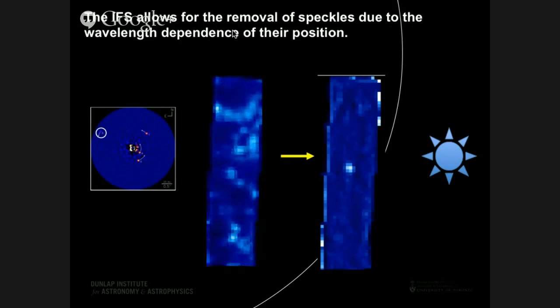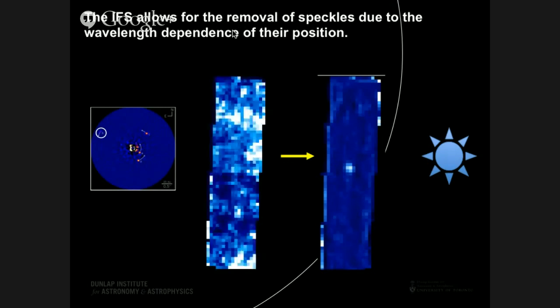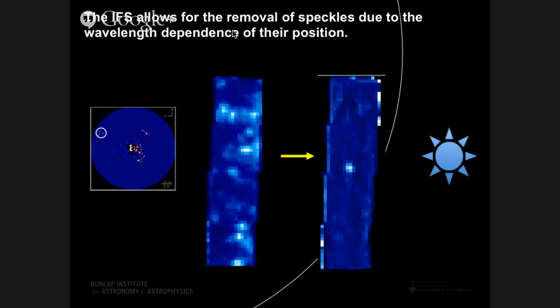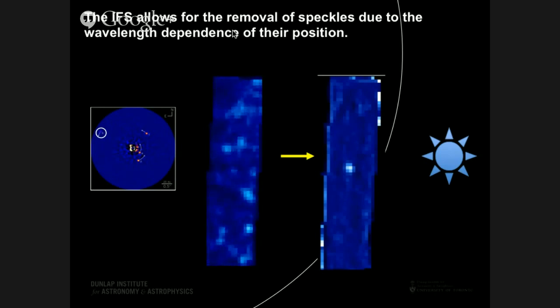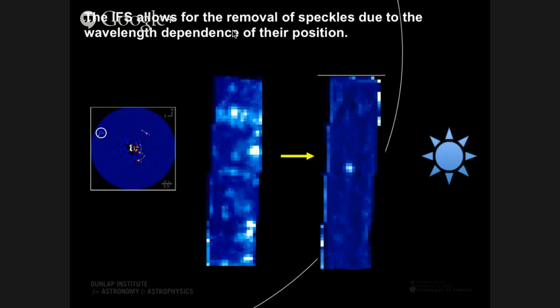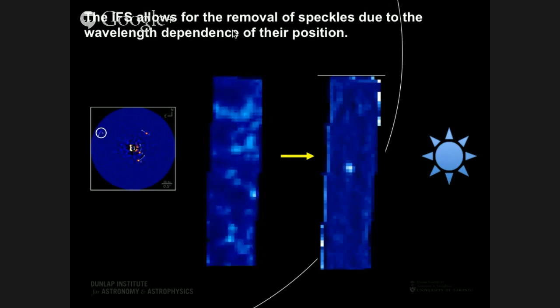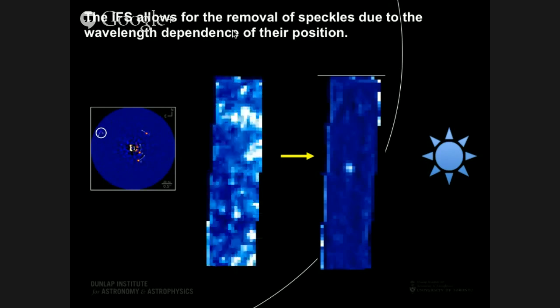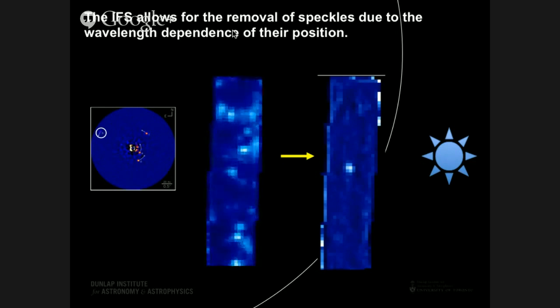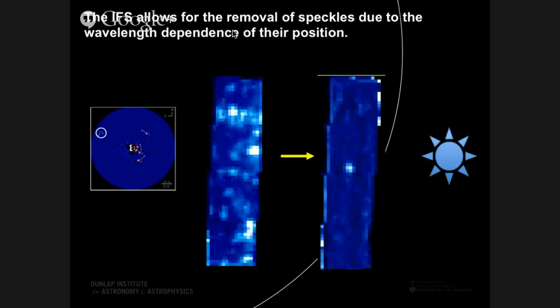So again, the main source of noise that we have and the main difficulty that we have is the speckles, or the scattered starlight. And so the nice thing about the IFS, so what I'm showing here now is a movie that shows a rectified IFS cube, and we're stepping through in wavelength. So each image is at a different wavelength.